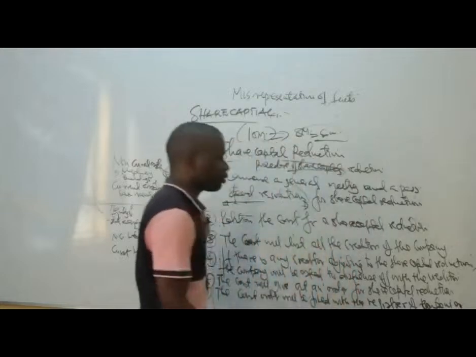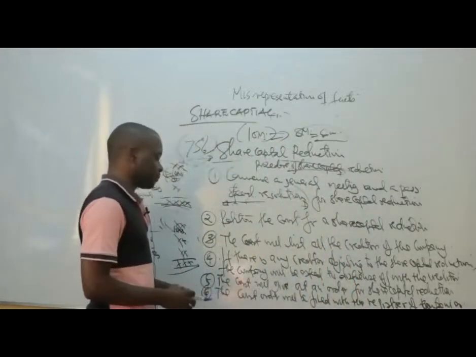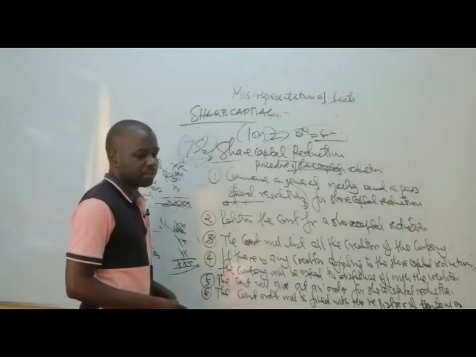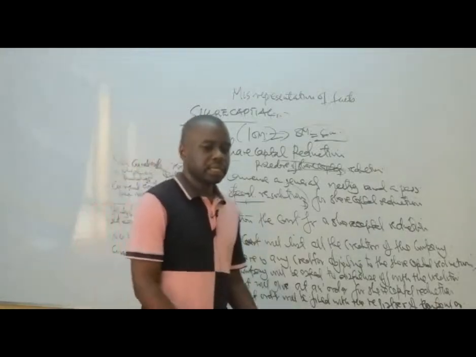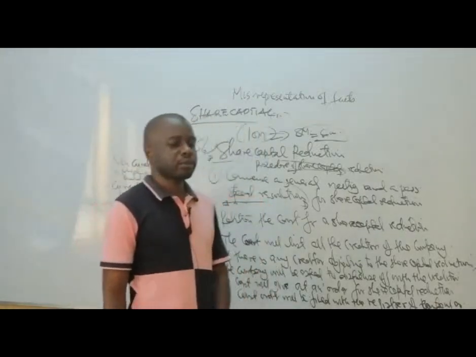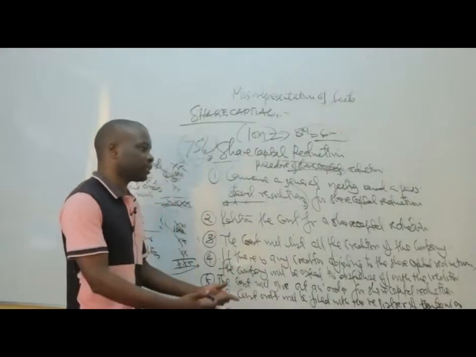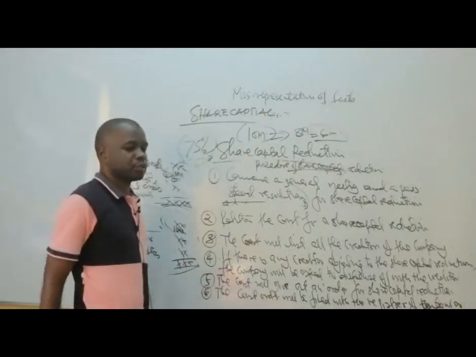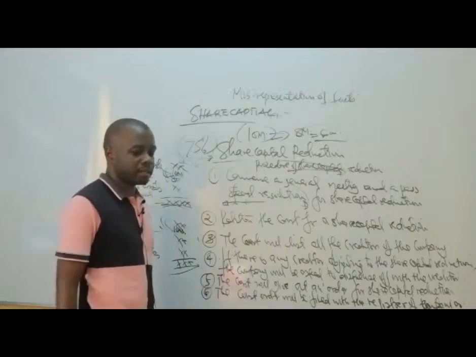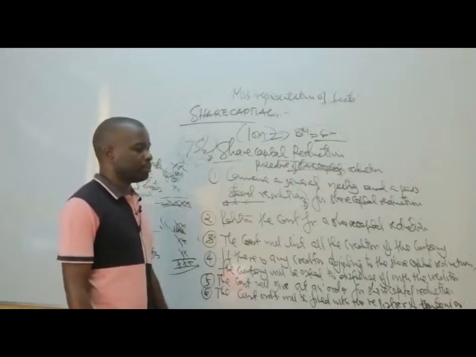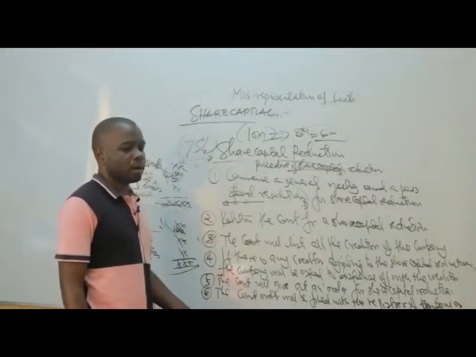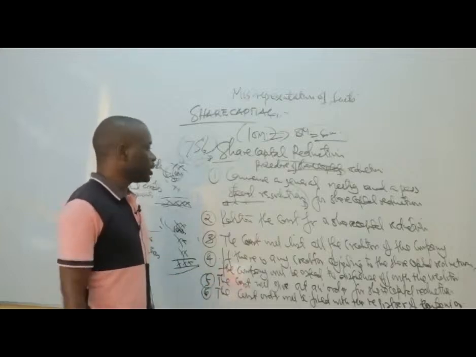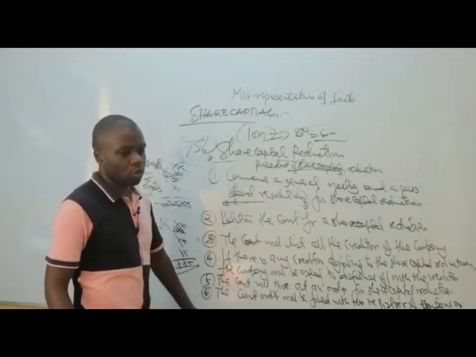They'll give a copy or file it with the registrar of companies. Then the last thing that will happen, the company will proceed with the share capital reduction. And the method of share capital reduction will be upon the company to decide, whether they'll buy back the shares or how they will go about the share capital reduction. So that is the procedure of share capital reduction.